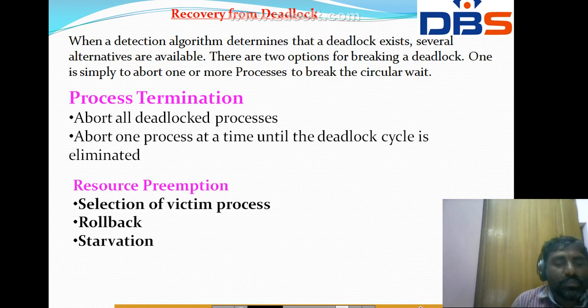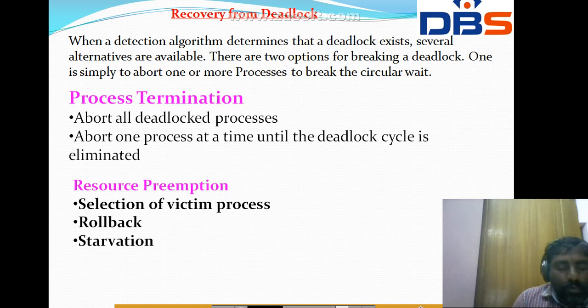Next one is resource preemption. In resource preemption, the first is selection of victim process, next is rollback, and next is starvation. In this method, resources are deallocated or preempted from some processes and allocated to others until the deadlock is resolved.